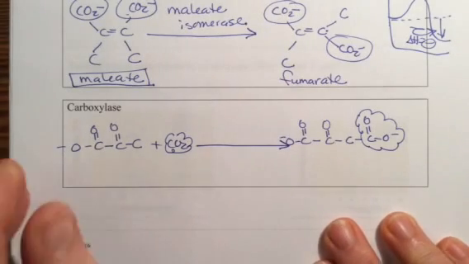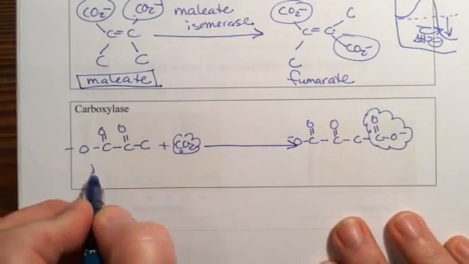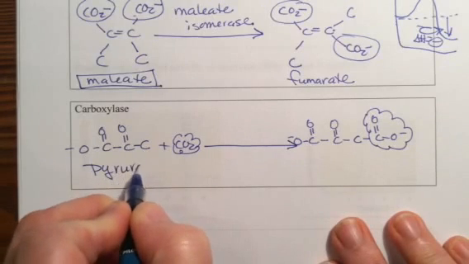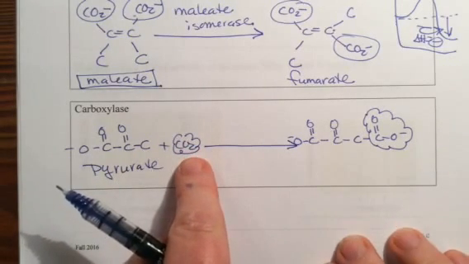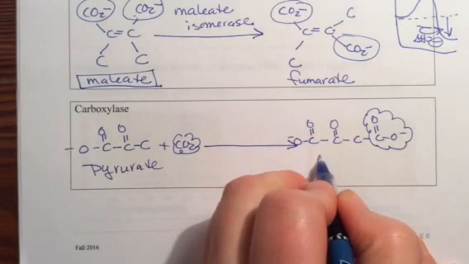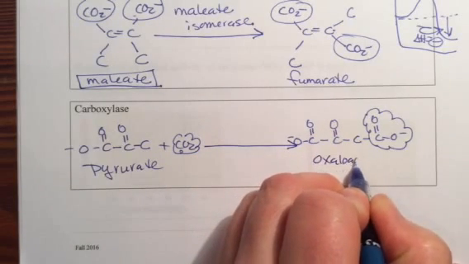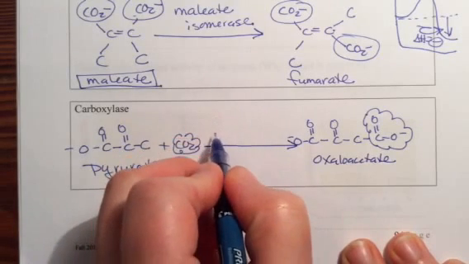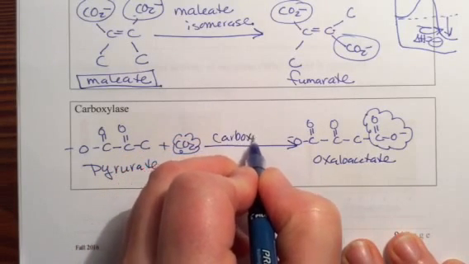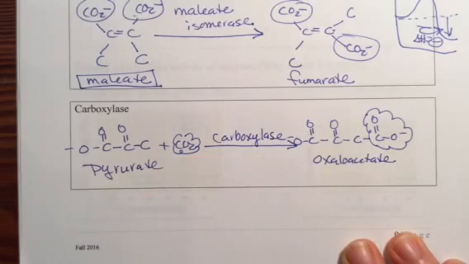All right, this molecule that you see is pyruvate, and you're adding a CO2 to it to create oxaloacetate. So that would tell you that you probably need a carboxylase for this.